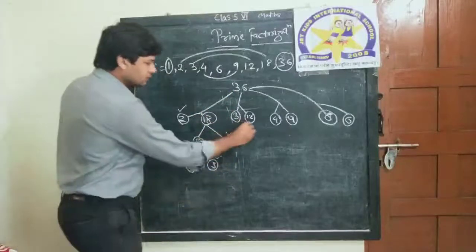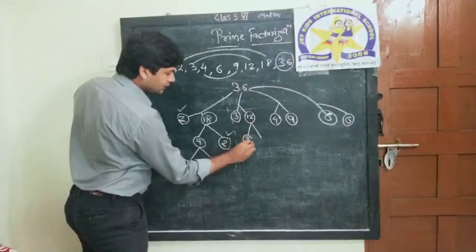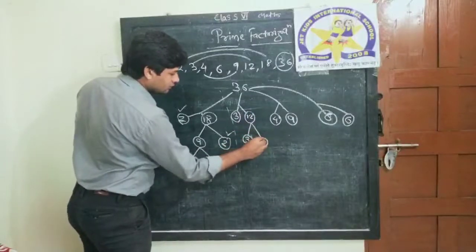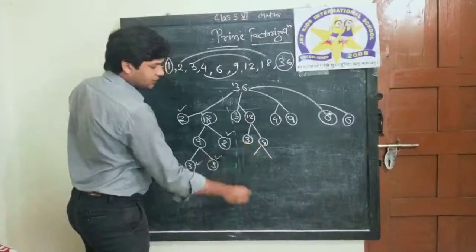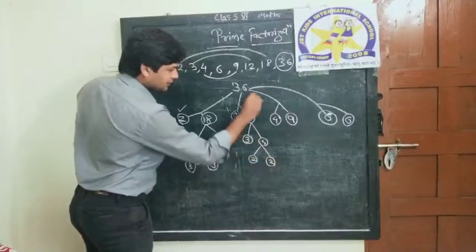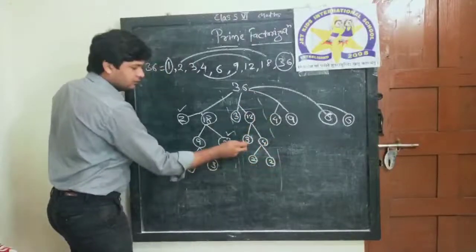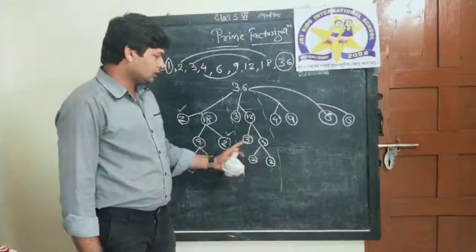Here 12 means 3 multiplied by 4, then we already have one prime, so 4 will be 2 multiplied by 2. This is all prime. Now you cannot take factors of any number further, all are prime.